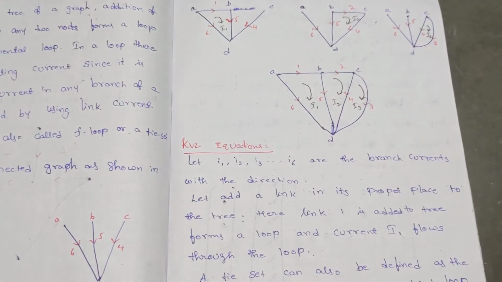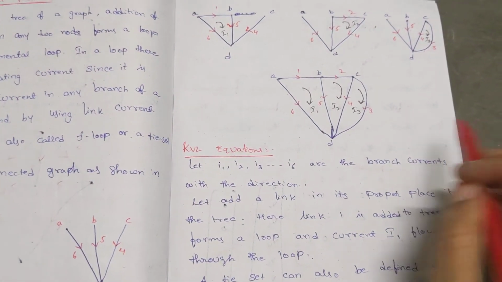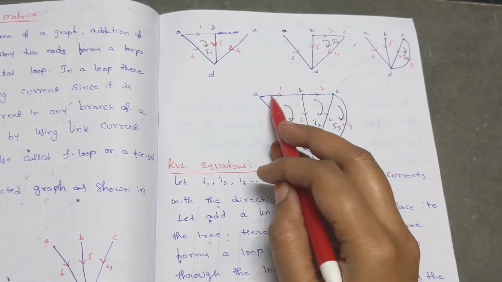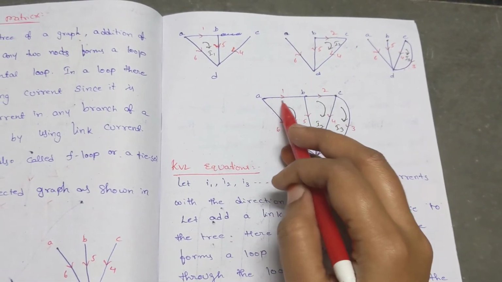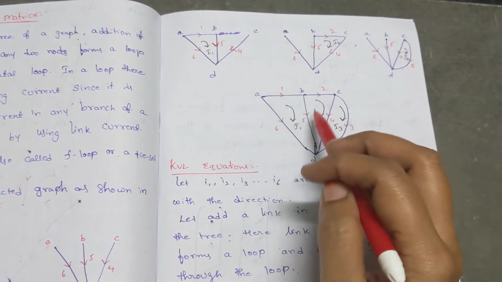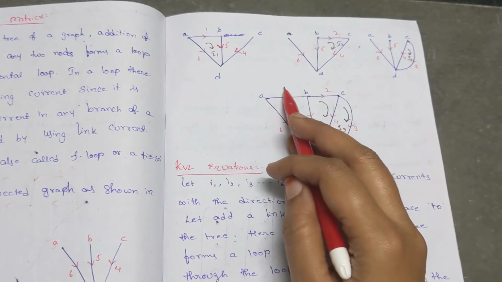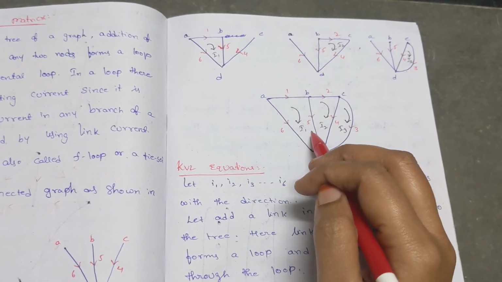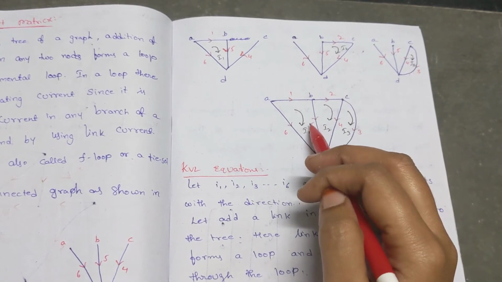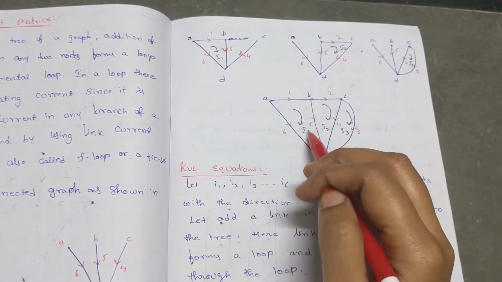When I am interested in writing the KVL equations, whatever the branch voltage, that means the drop in your branch 1, is aligned with your loop current direction, so we are considering it as positive. That means V1 is positive. In the same fashion, V5, the branch voltage 5, is also positive because these two are aligned.